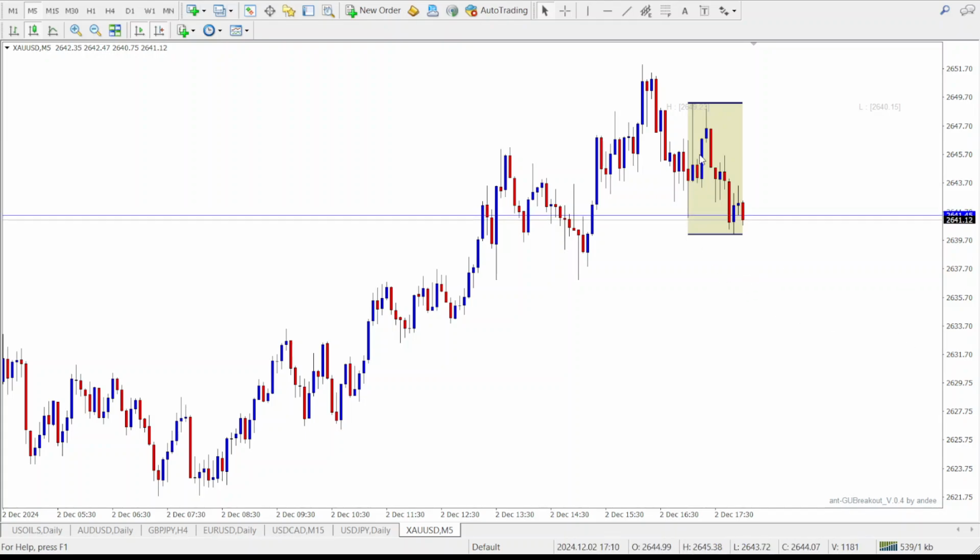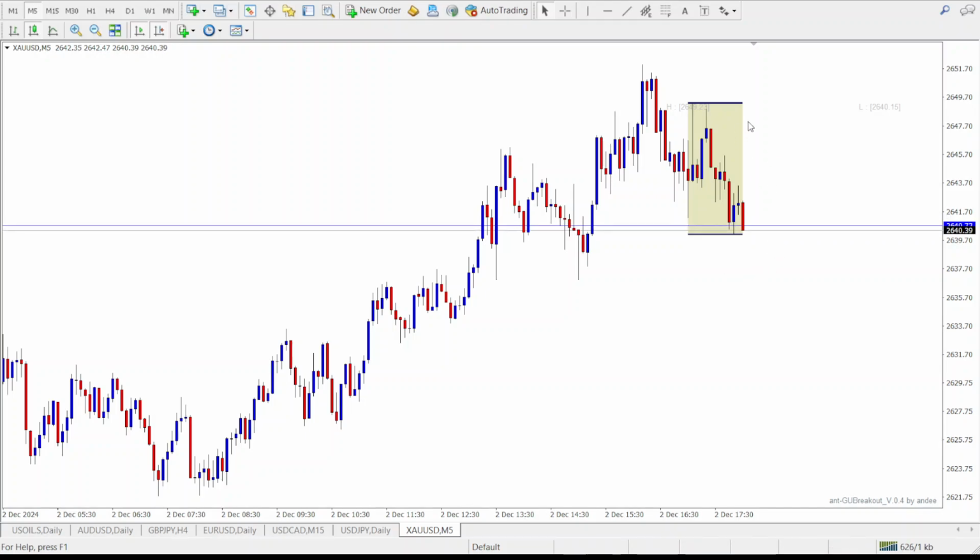You can see that the indicator forms a zone where if price breaks below the black line, we have a bearish breakout and we should be looking for sell opportunities. On the other hand, if the price breaks above the black line above, this should be a resistance, this should be a support.